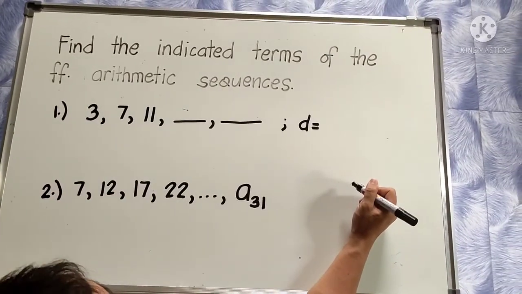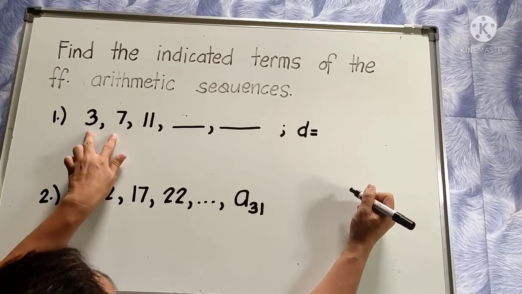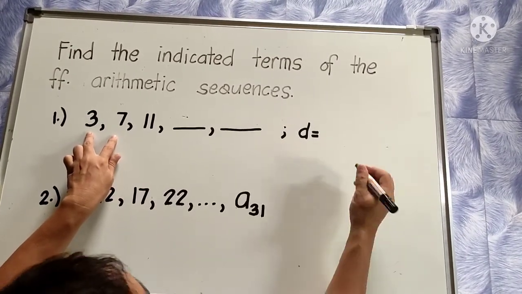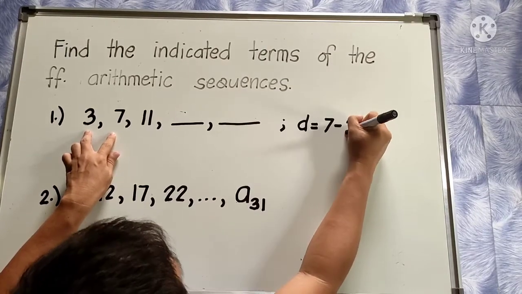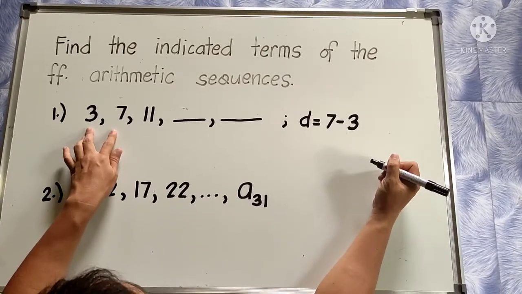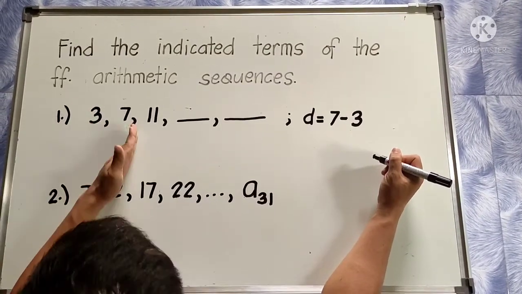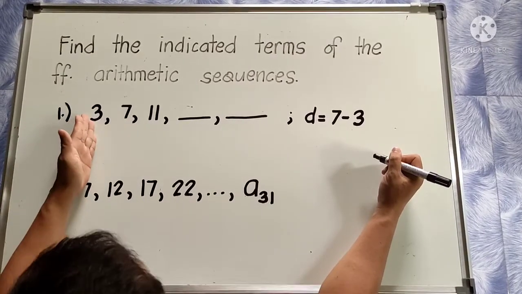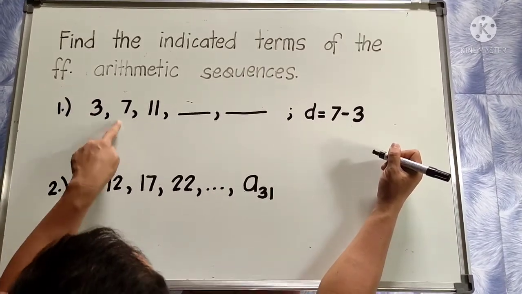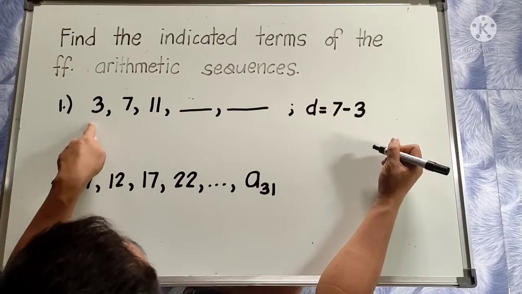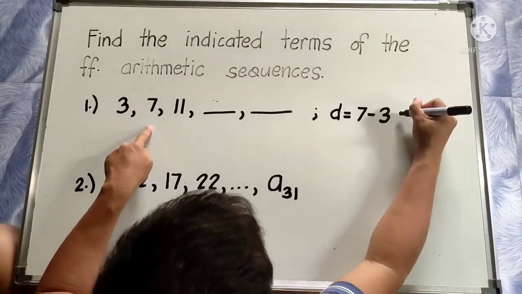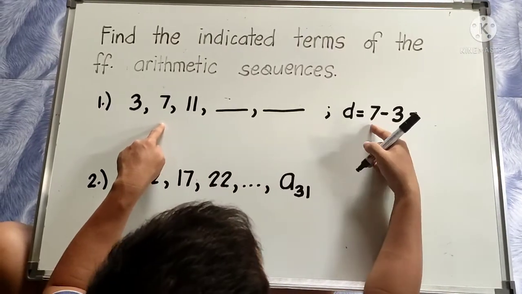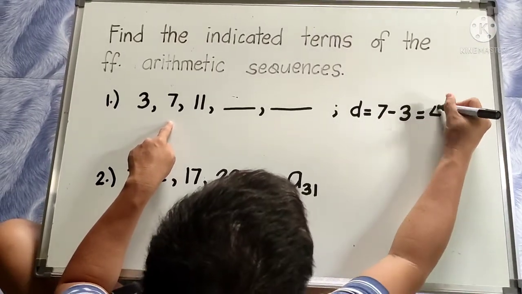In my case, I will choose 3 and 7. So you will have 7 minus 3. It should be the present term minus the previous term. Okay? So 7 minus 3. You cannot have 3 minus 7 because the answer would be different. So the answer is 7 minus 3 is 4.